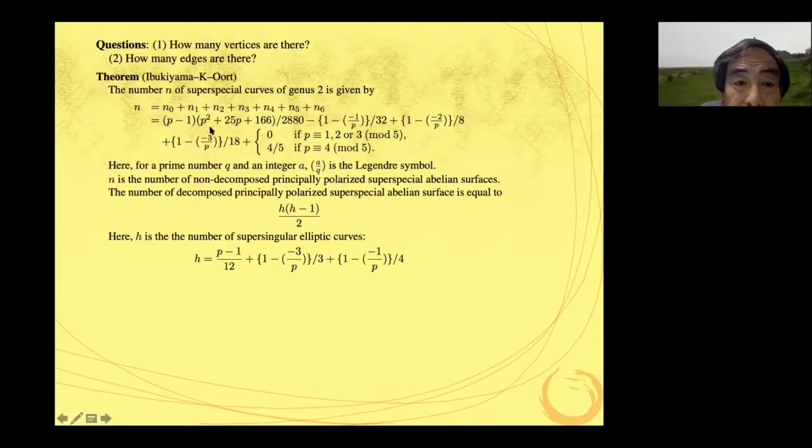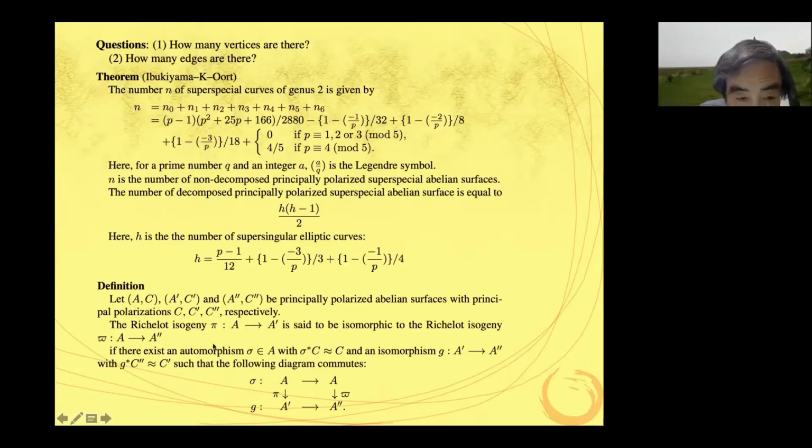And this symbol is the Legendre symbol. This is the non-decomposed case. And for the decomposed case, the number of principally polarized superspecial abelian surfaces is equal to this number. Here, H is the number of supersingular elliptic curves. So already we know the number of vertices in this case.